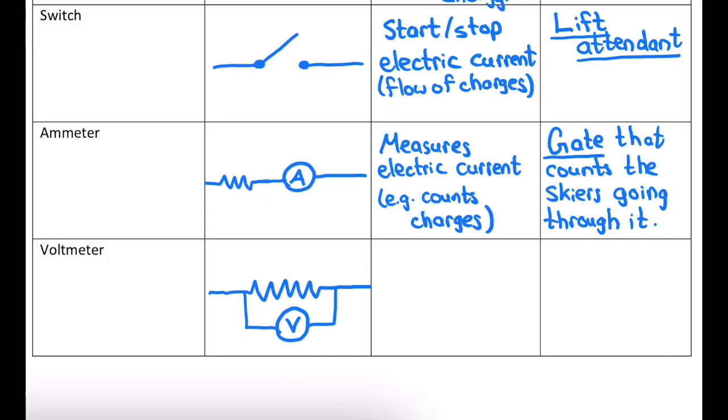Now, I should be a little clear about something. Although there definitely is a difference in potential energy between here and here, that's not exactly what this voltmeter measures. What the voltmeter measures is the difference in something called potential, which is very similar to but slightly different from potential energy.